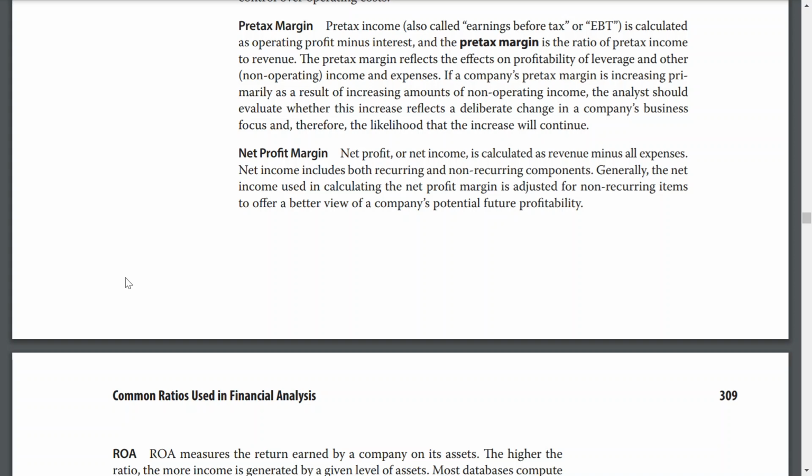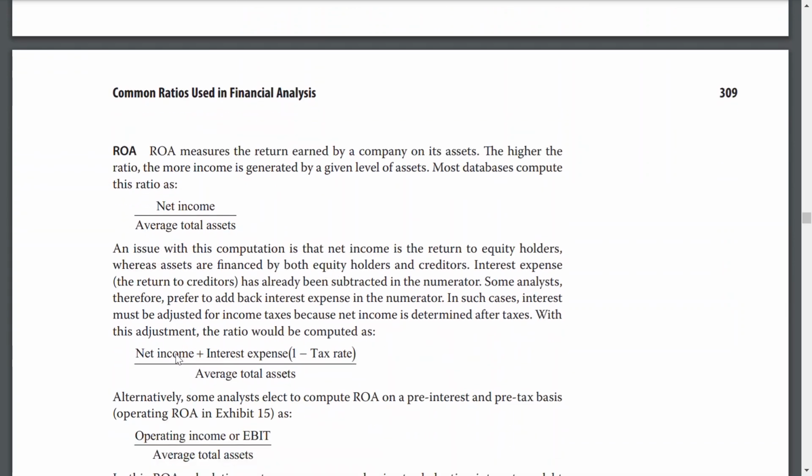ROA measures the return earned by the company on its assets. The higher the ratio, the more income is generated by the given level of assets. ROA is computed as net income divided by the average total assets. An issue with this computation is that net income is the return to equity holders, whereas assets are financed by both equity holders and creditors.